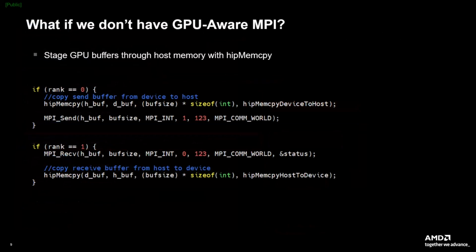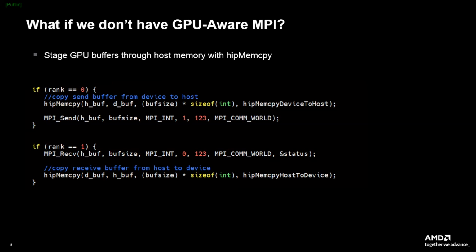So what if we don't have GPU-aware MPI? If the MPI implementation that we have doesn't have support for GPU-aware communication, then we have to pass the host buffer. And then we need to have some extra memcopies to copy the device buffer to the host buffer. For example, in our point-to-point communication, if we don't have GPU-aware MPI, then we need to copy the device buffer to the host buffer on the sender side and pass the host buffer to MPI_Send.